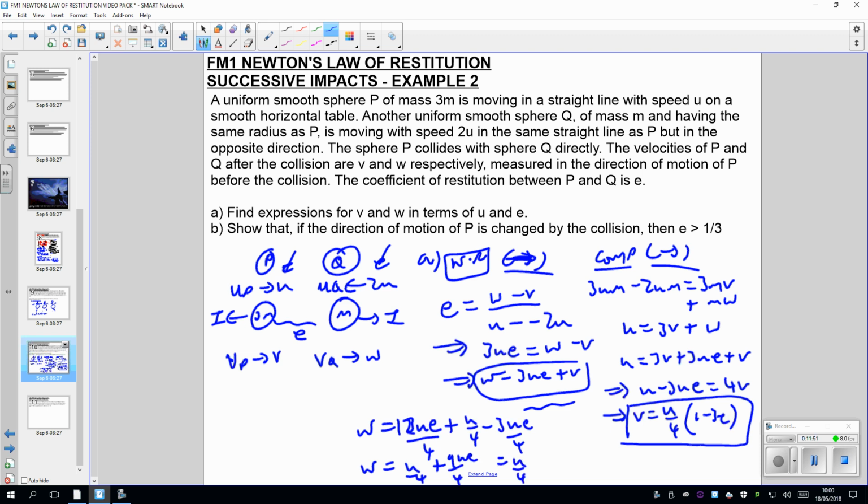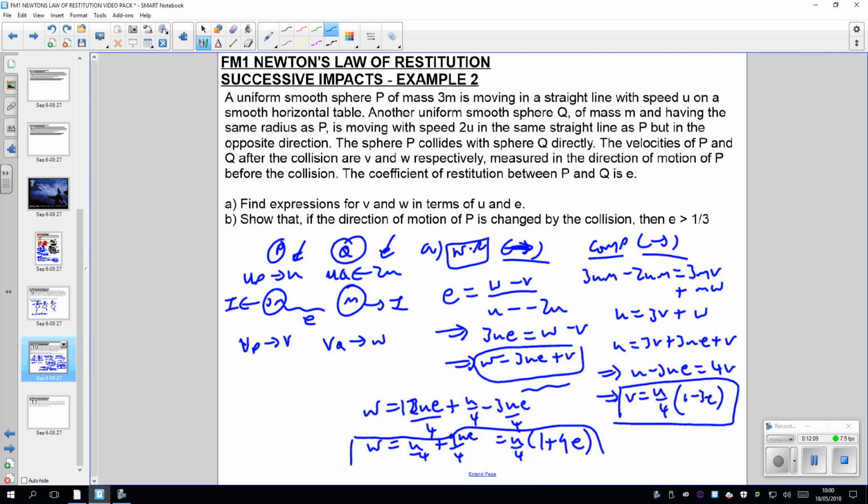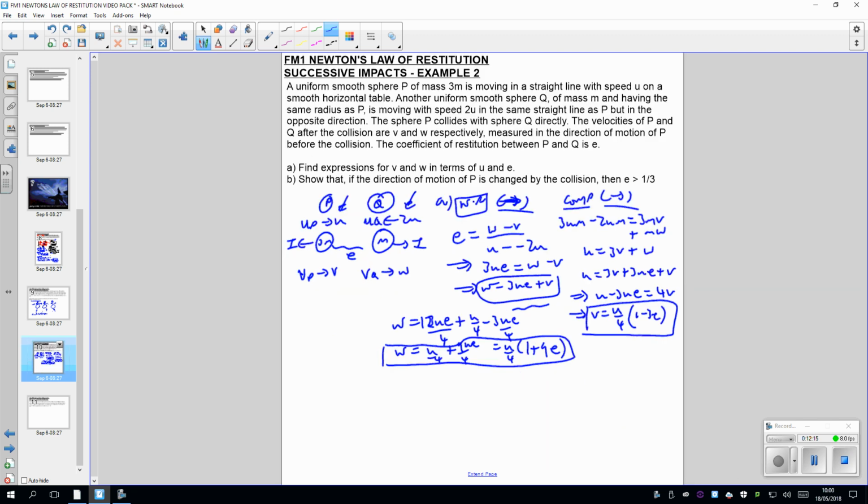So u over 4, 1 plus 9e. I'll rub that out, doesn't look very clear. Again, I'm kind of doing this fast, folks, so I could make mistakes, arguably. And that's why you should be doing this at the same time and checking. Okay, so I've got my v and w. Wicked.